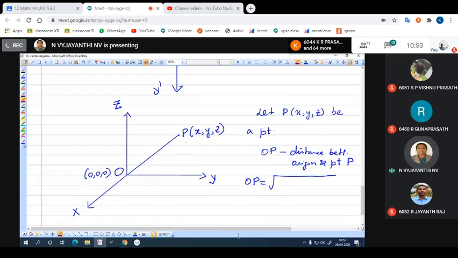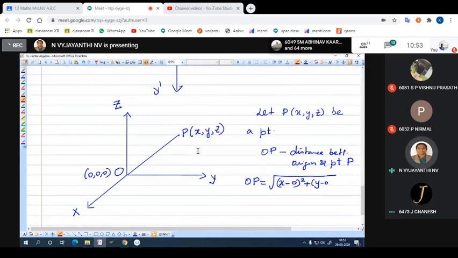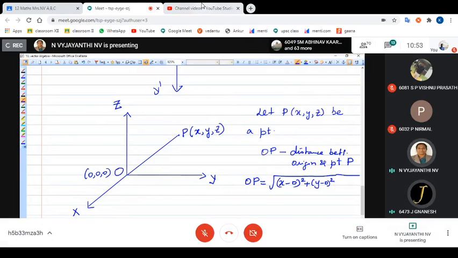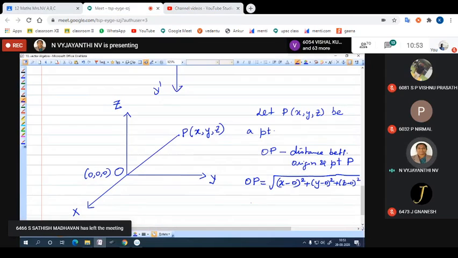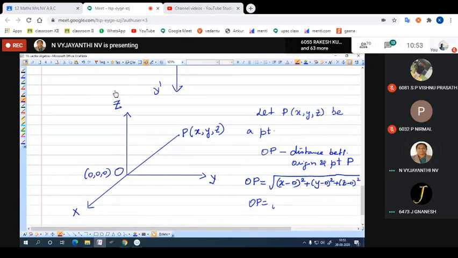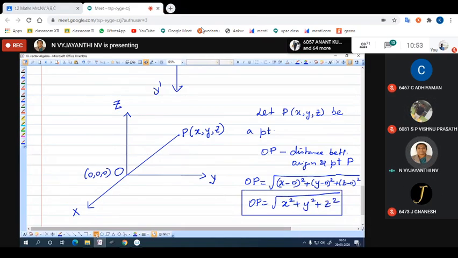How will you find distance between these 2 points? x minus 0 the whole square, y minus 0 the whole square, z minus 0 the whole square. So OP equal to square root of x square plus y square plus z square. So this is the distance between point O and point P. So this is the magnitude.